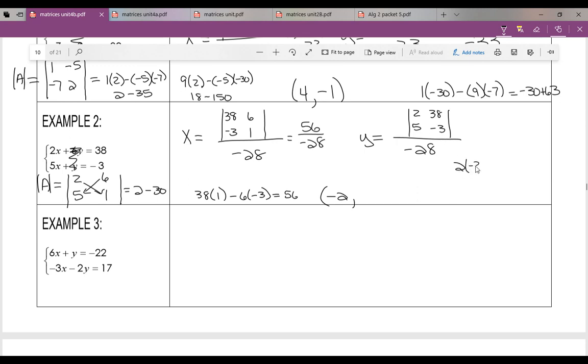So 2 times negative 3 minus 38 times 5 gives me a grand total of negative 196. And when you divide negative 196 by negative 28, you get positive 7.